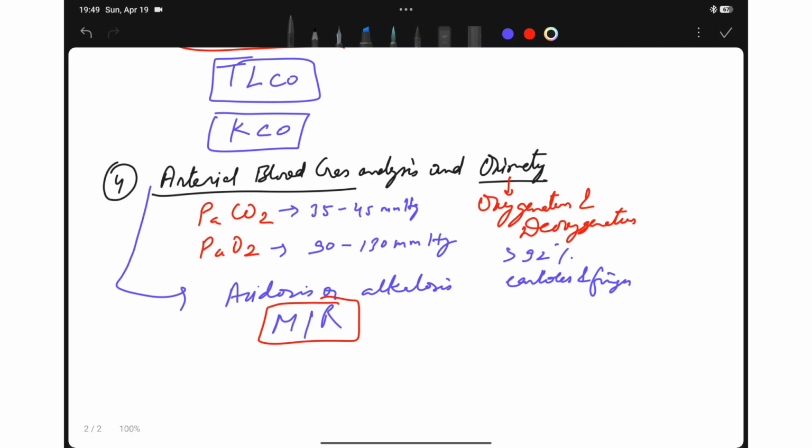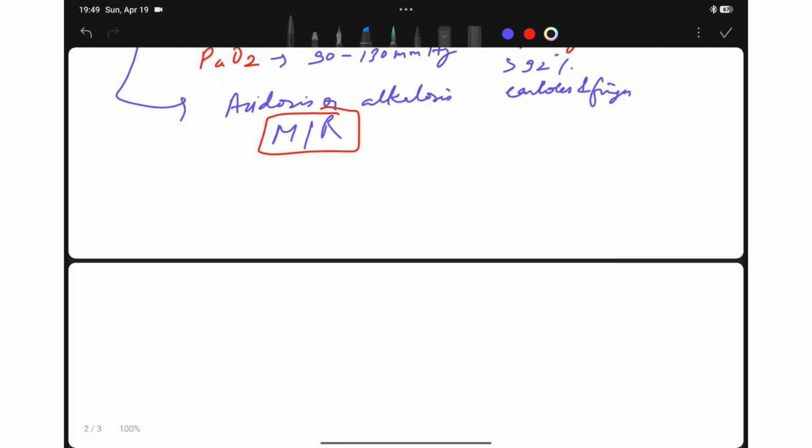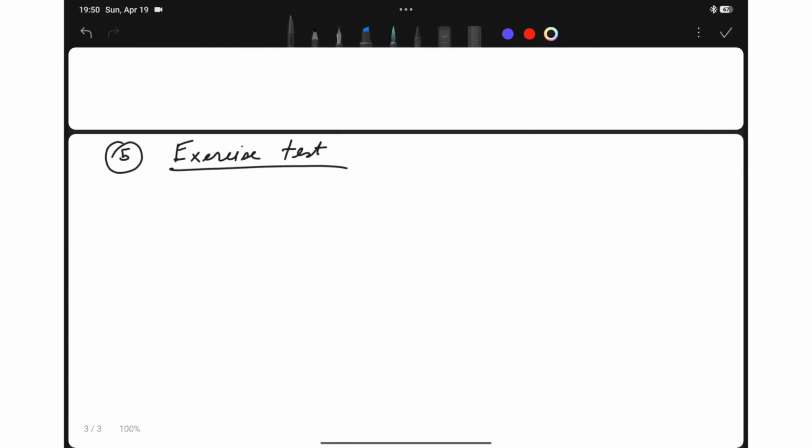Now, our last part is the fifth category, which covers the exercise test. And how do we perform it?